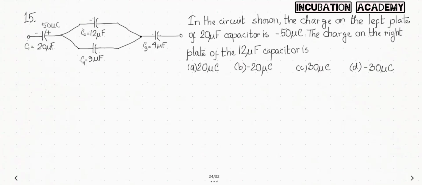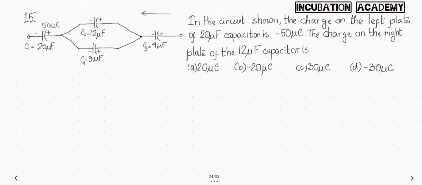Similarly, I can give the negative and positive signs in the same order, and we can say the current is flowing from right to left. Let us try to understand that very simply.